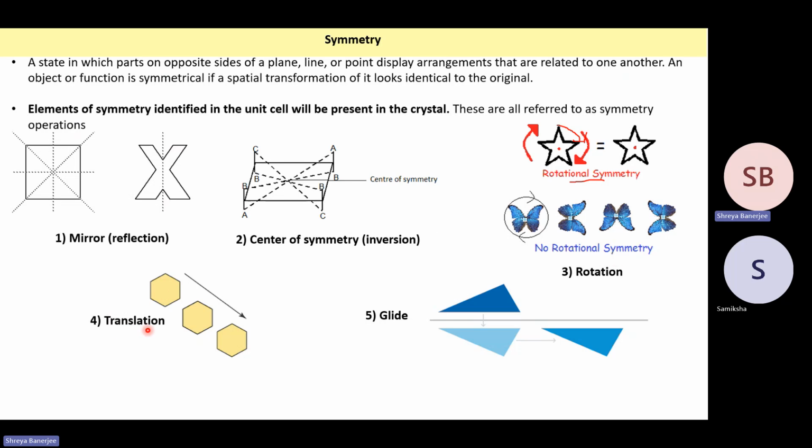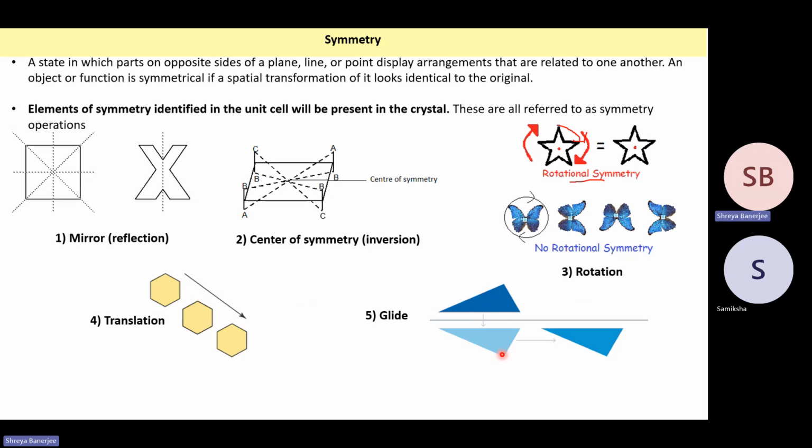Two others are there. One is translational symmetry. So if you move along a certain direction and the molecule gets replicated, that is called translational symmetry. This is observed in all lattices because lattice is formed like that only. You take one unit cell and you translate it in different directions to form the rest of the lattice.